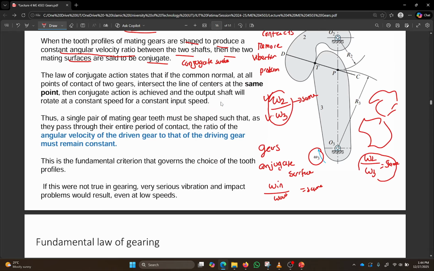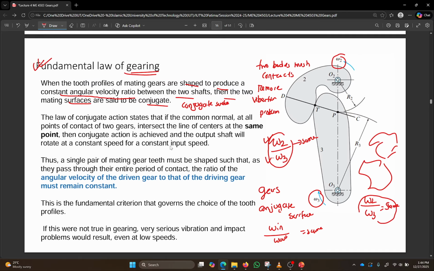Let me first go through the law, then I will explain it. The law of conjugate action states that if the common normal at all points of contact of two gears intersects the line of centers at the same point, then conjugate action is achieved and the output shaft will rotate at a constant speed for a constant input shaft speed.